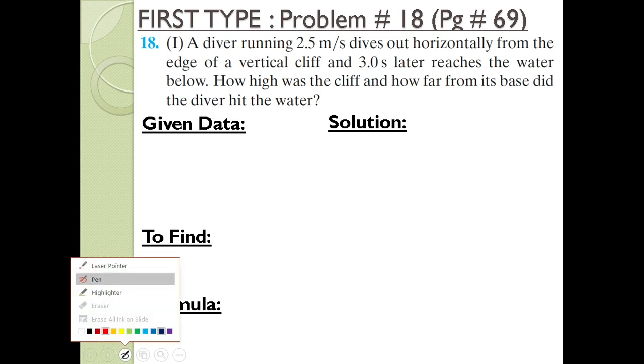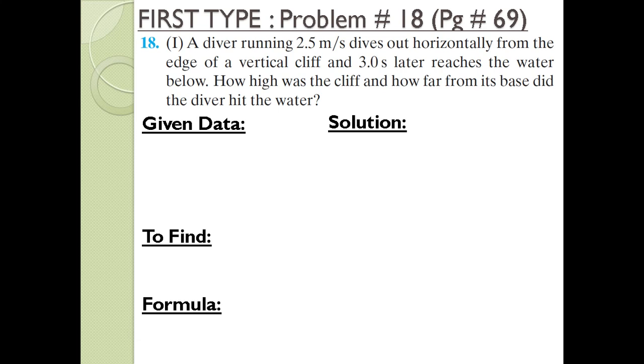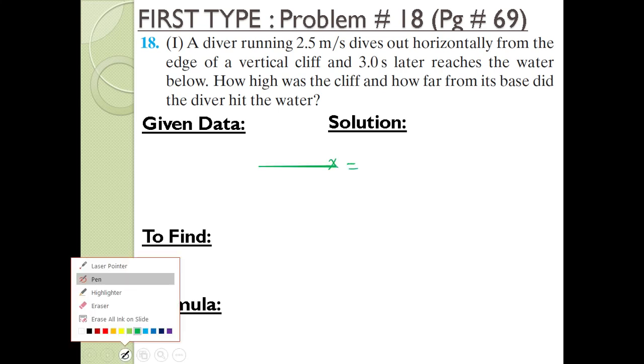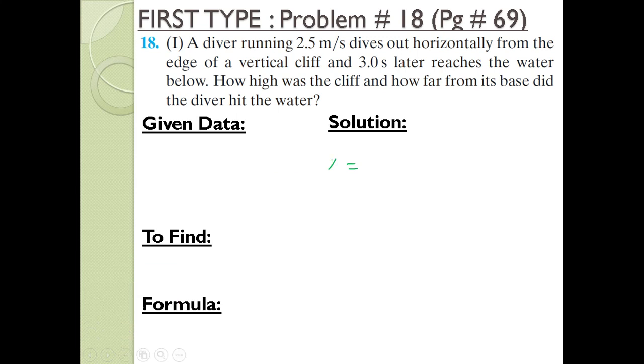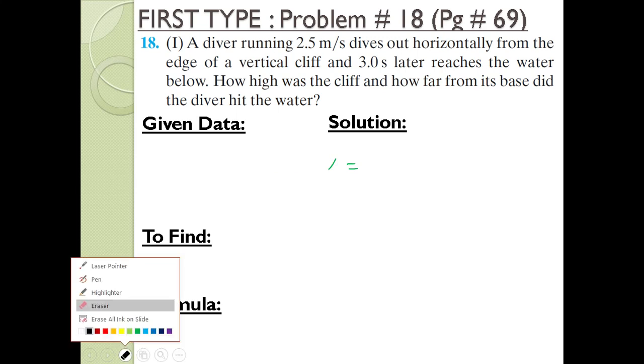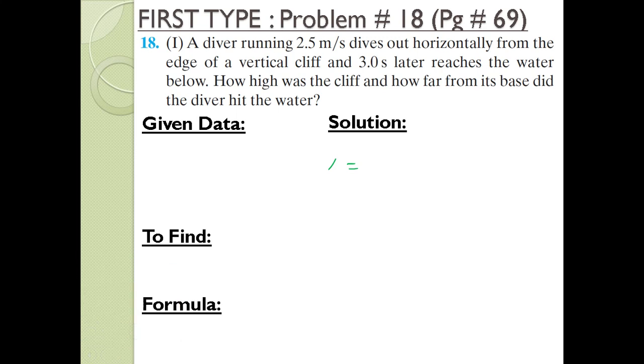For x, we will go for example, x is equal to, sorry, there is some problem with the pointer. So I'm repeating, x is equal to Vx times t, and you know that Vx is 2.5 and t is 3.0, so 75.0 meter.